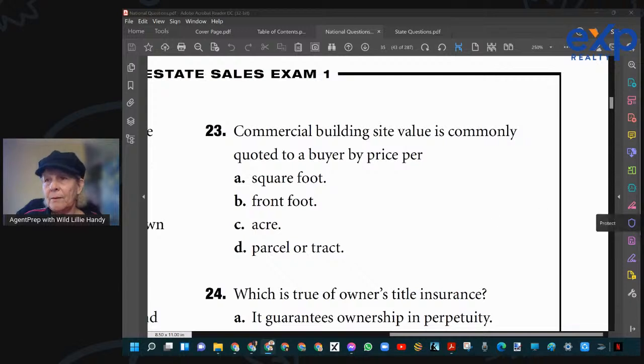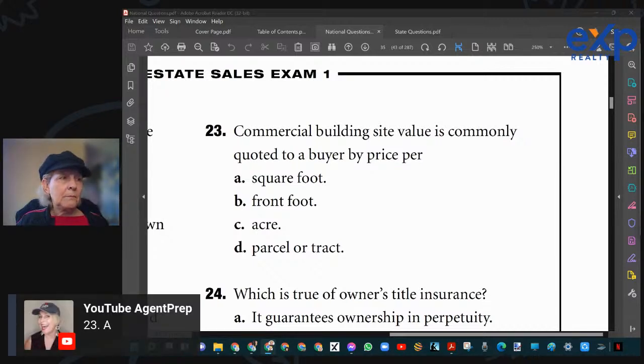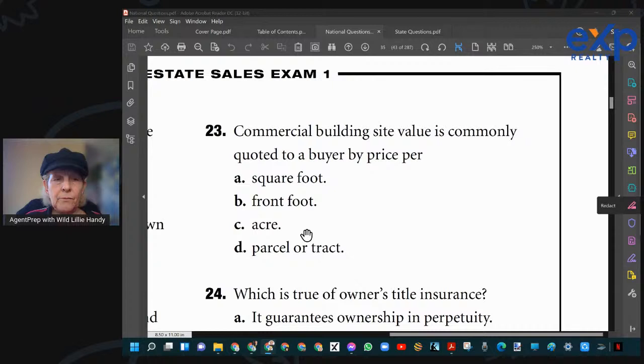That is the most typical. On land, sometimes you'll see price per acre, but others will look at price per square foot. So price per square foot is how it's addressed. Okay. All right, number 24.